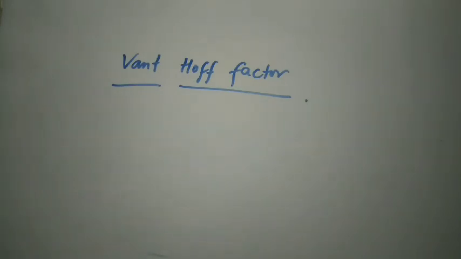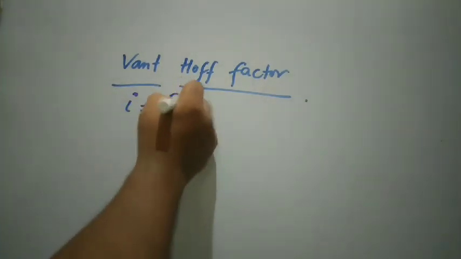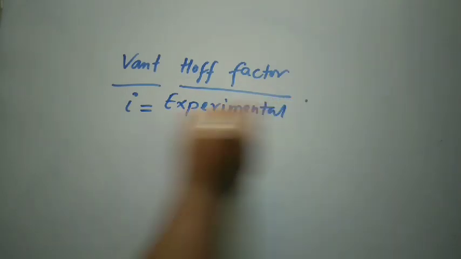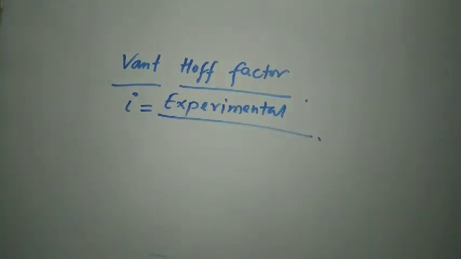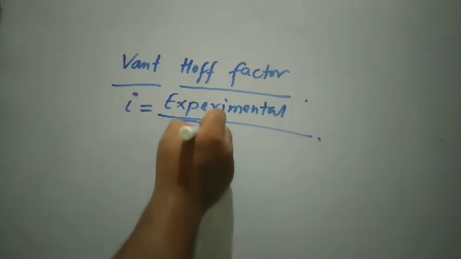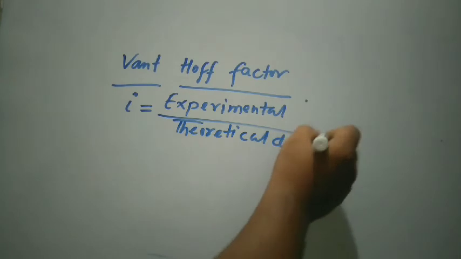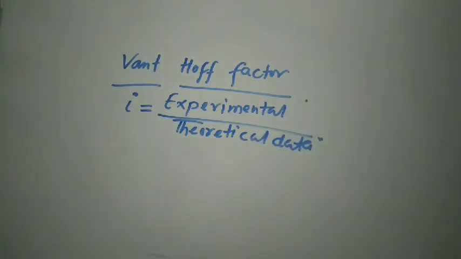What is the Van't Hoff factor? i, the Van't Hoff factor, is equal to the ratio of experimental data divided by theoretical data.